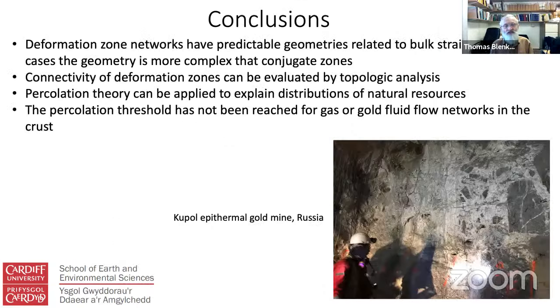I think I started off by trying to convince you that not only do deformation zone networks have predictable geometries which are related to the bulk strain, but that there are now a number of cases in the literature where we can demonstrate this for mineralized deformation zone networks.